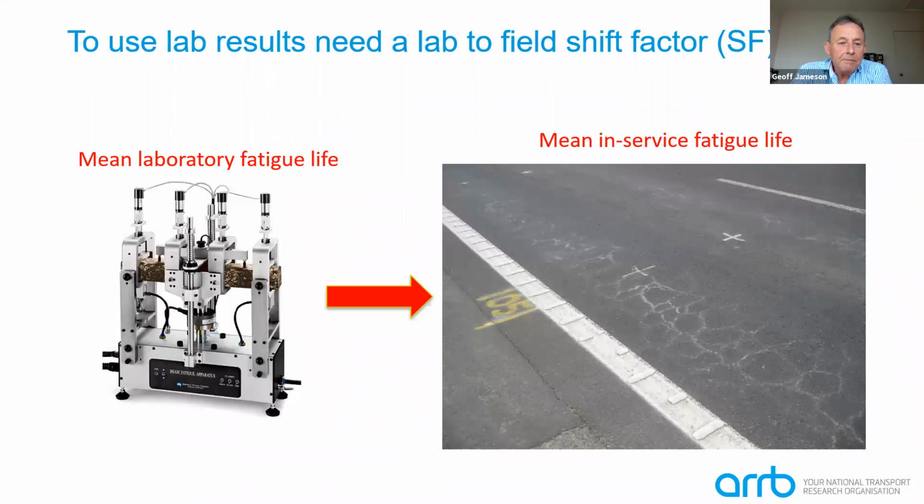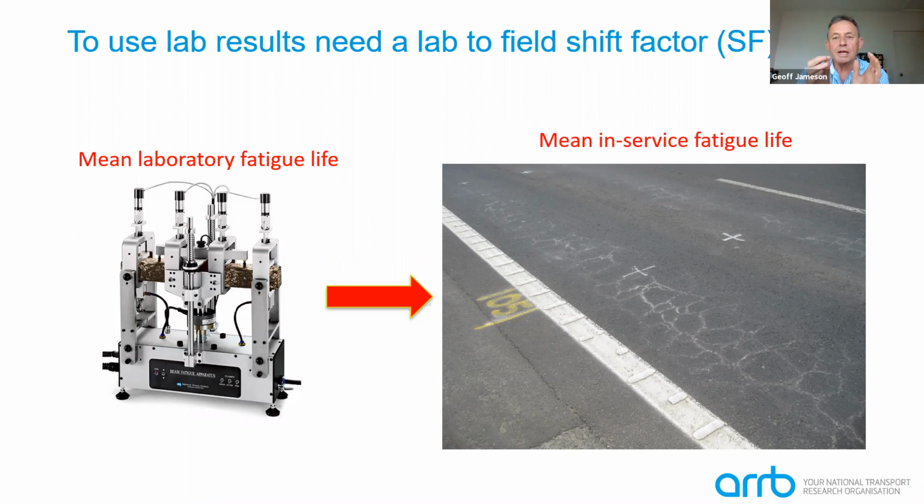So if we did measure the lab fatigue life, one of the challenges is that we then need a shift factor that relates a lab test result to the mean in-service life. So I talked about earlier, there's a shift factor of 6 between that Shell model of estimating the laboratory fatigue life and the in-service life.